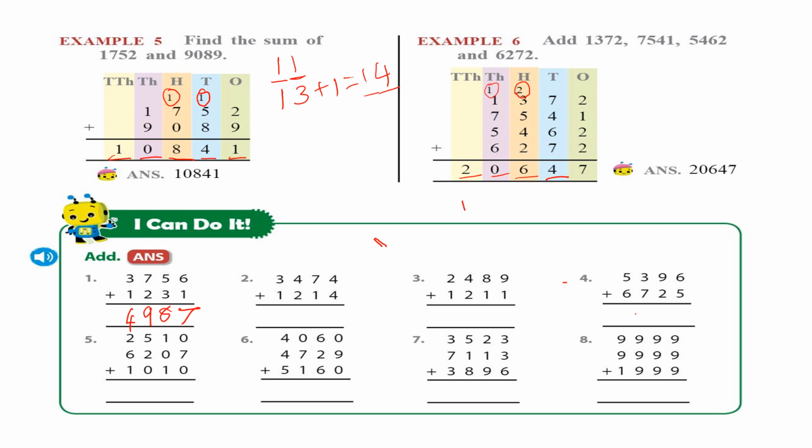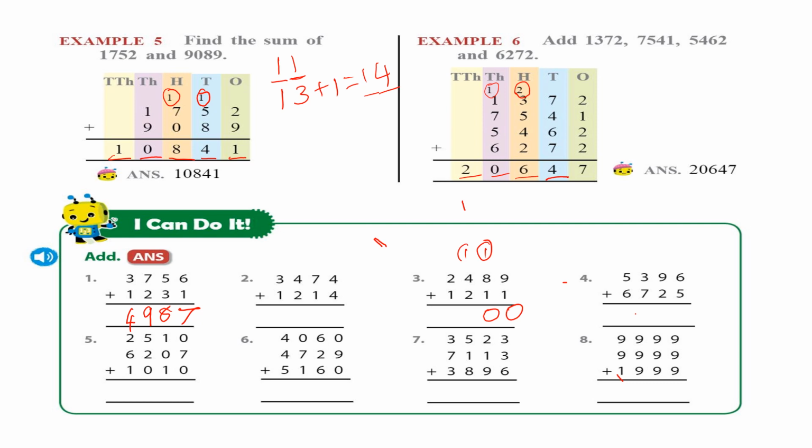Let me do the third sum. So first I will add 1's place. That is 1 plus 9 is 10. I write 0 here. I take 1 as carryover to 10's place. 1 plus 8 is 9. 9 plus 1 is 10. So I write 0 here again.